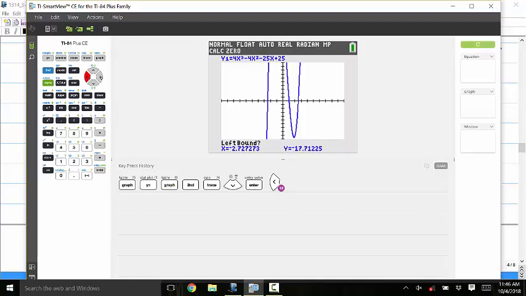Am I to the left of it? Yes. Hit enter. Now it tells me to go find a right bound. So arrow to the right a couple of times and hit enter. Now it tells me to back up and guess. Just hit enter again. What does it tell me that my 0 is? -2.5?